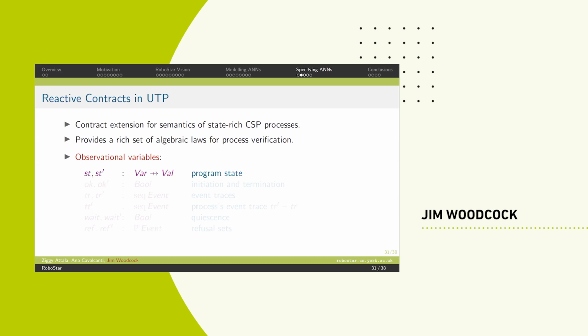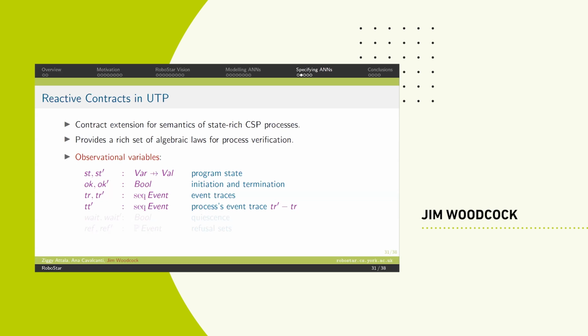There's a state before and a state after, which is a mapping from variable names to values. There are flags to say when you've started the program and when it's reached a stable state. There's a record of the events that are being recorded by the process. A special derived observation called TT dash, which is just the difference between TR dash and TR. This is the contribution made by this process.